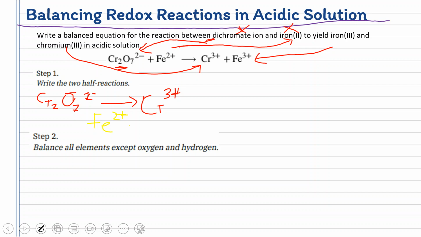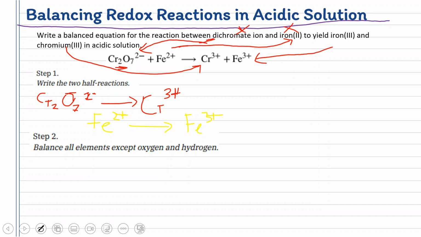Fe2 plus now becomes what? Fe3 plus. So we have iron(II) undergoing a half reaction, and we have iron(III). Interesting.